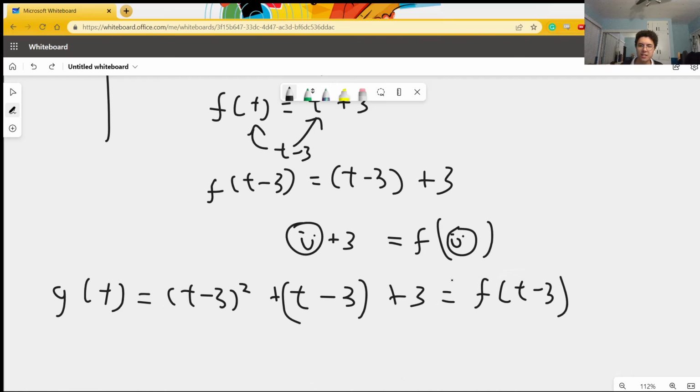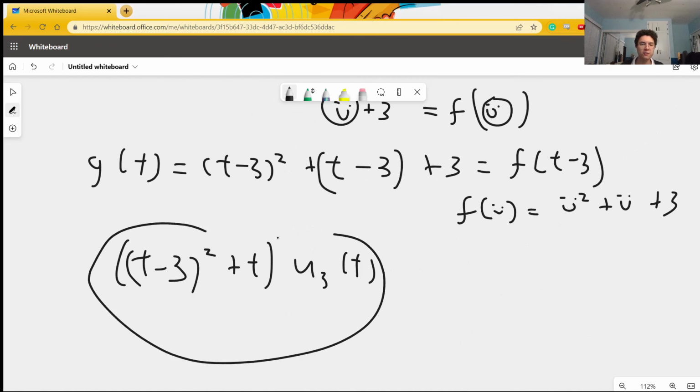But f of t minus 3 is some special function that you can plug t minus 3 into to get this whole thing. And you may be able to guess what that function is. f of, let's call it smiley face, is equal to smiley face squared plus smiley face plus 3.